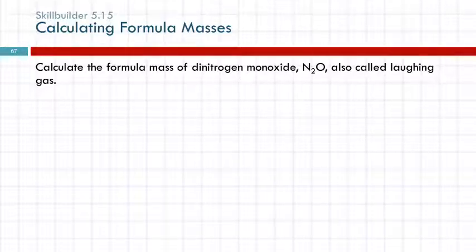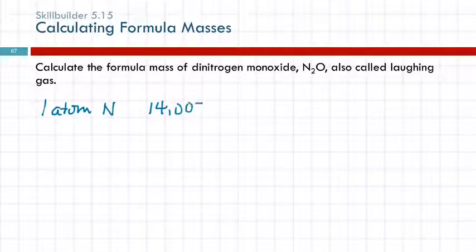How much does 1 atom of nitrogen weigh? 14.007, and what's the unit on that? Atomic mass units. Because here we're talking about 1 atom.